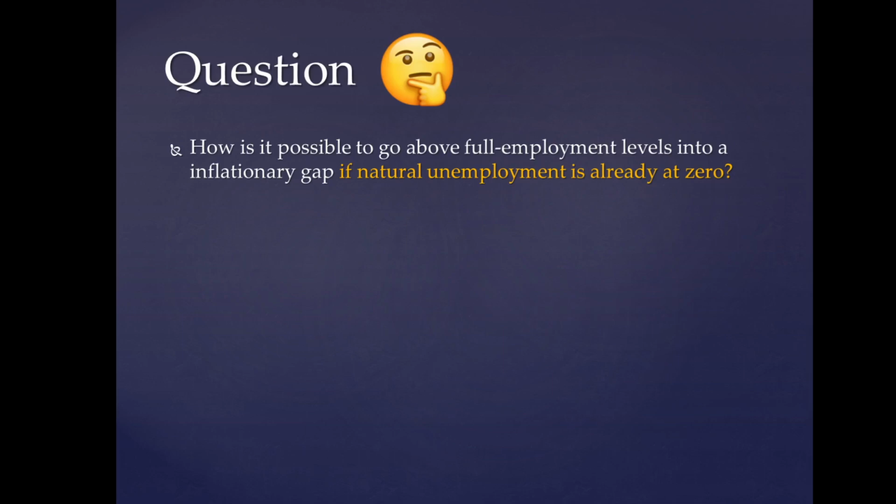There are some normal answers besides child labor, but child labor, I would say you are correct. But what else can we do to increase beyond potential output when there is already 0 natural unemployment in potential output? What can we do?